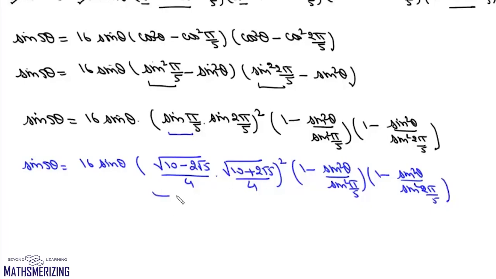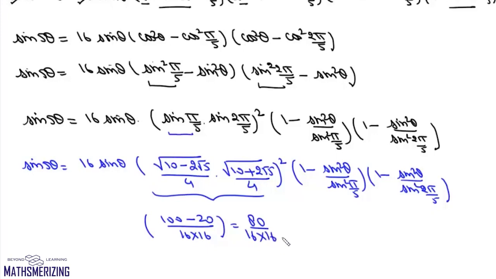Now we'll simplify this. We'll write this as (a + b)(a − b) will be (100 − 4×5), which is 20, upon 16 into 16, which is 5/16.